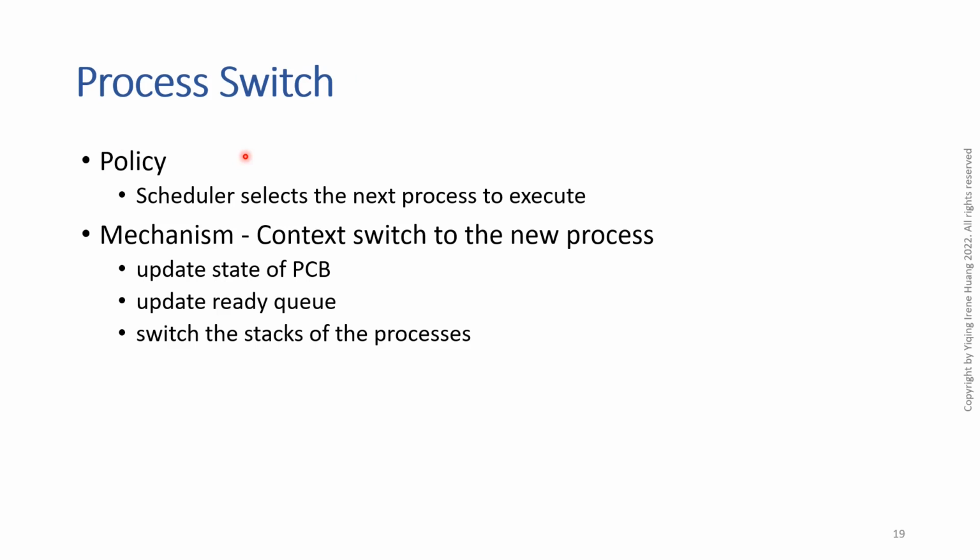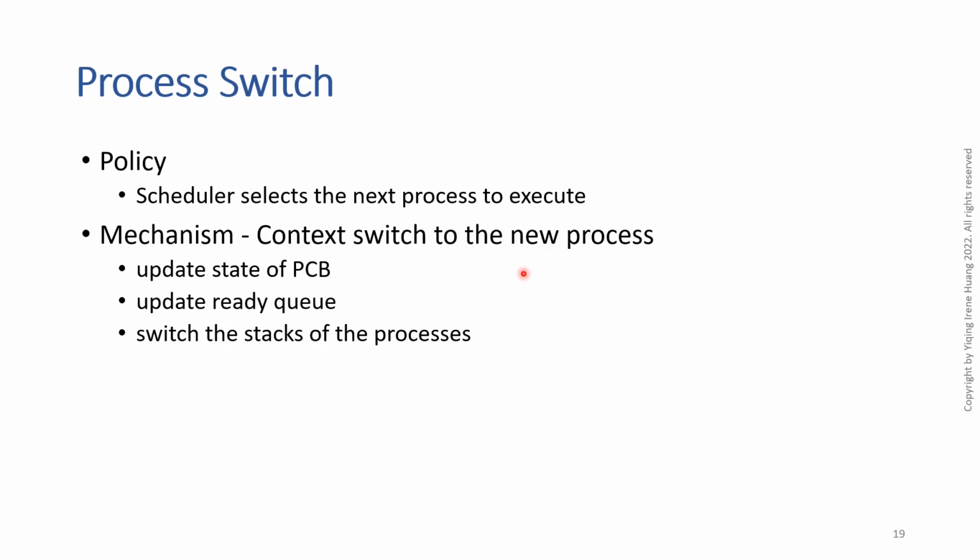With the PCB data structure, we can perform the process switch. The process switch has two parts: the policy part and the mechanism part. The policy part means making a decision on who will use the CPU next. Once we know which process will execute, the mechanism part does a context switch from the current running process to the new process.